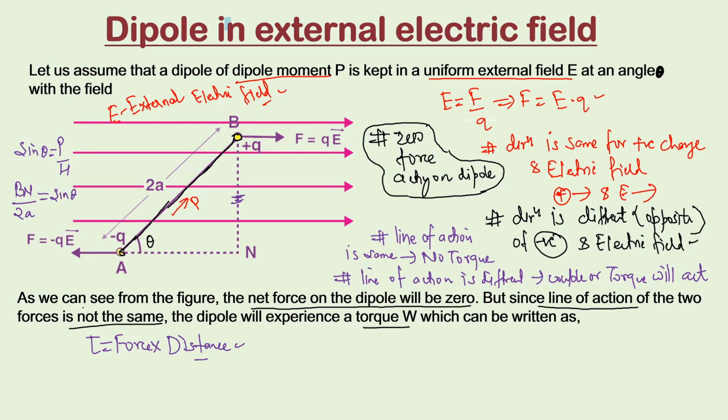So we conclude that torque is force QE times distance Bn. So we can write QE into 2a sin theta. So this is the torque acting on a dipole in external electric field.